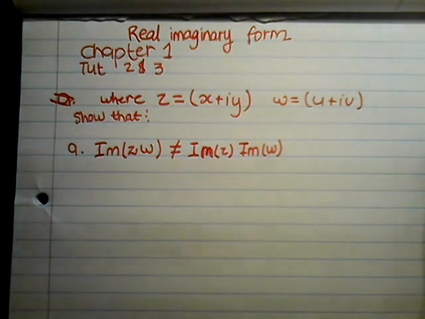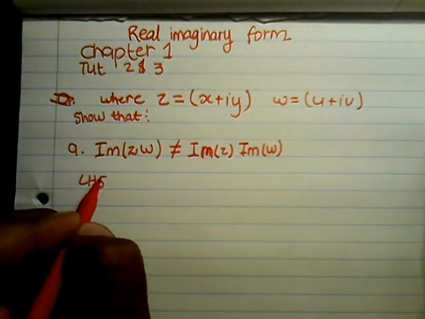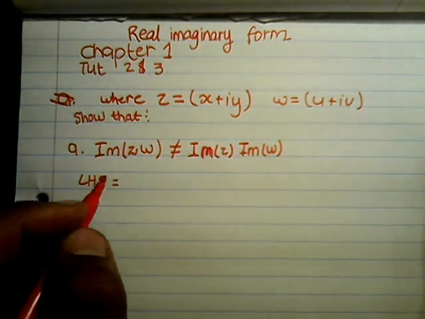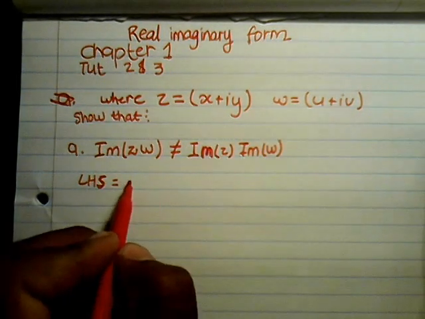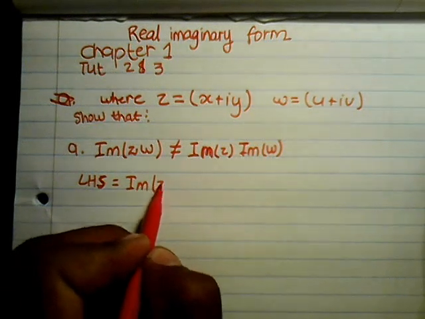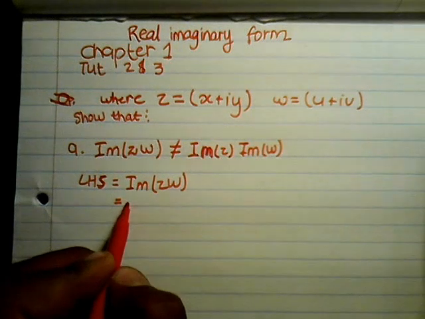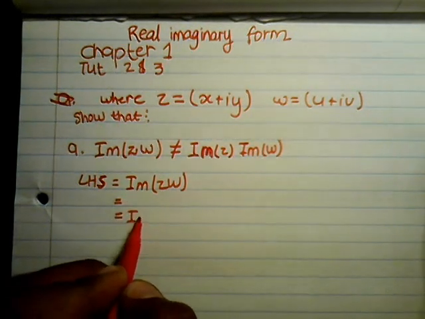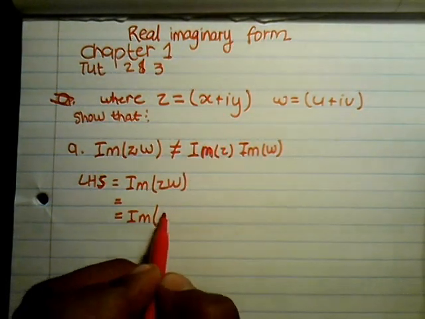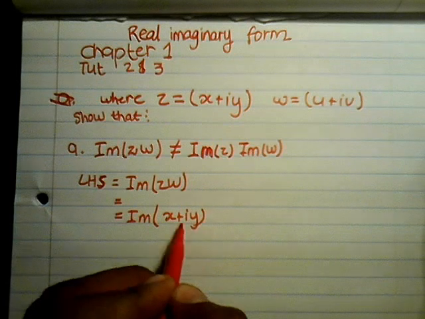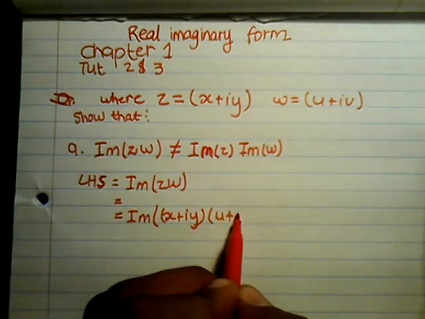Now I'm going to start with the left hand side. I like starting with it because I'm left-handed. So the left hand side is Im(zw), which is equal to Im of, we said z is equal to x plus iy, we multiply by w, which is u plus iv.